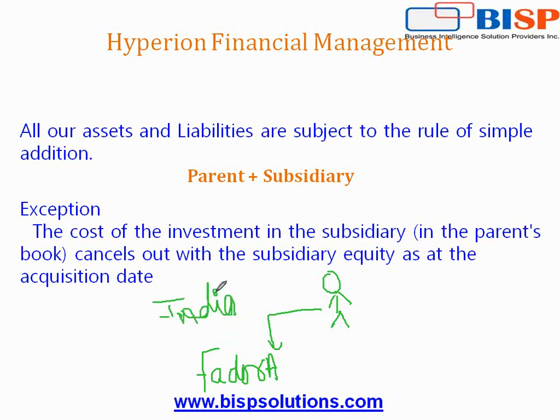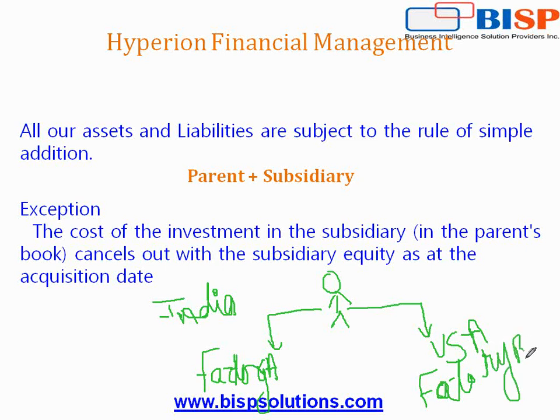I got a lot of retained earnings, a lot of money, and I'm thinking, what do I do with this? With the extra money or retained earnings, you plan to acquire another company, which is based in the USA. Let's take a simple example. So you buy one factory B, which is based in the US.